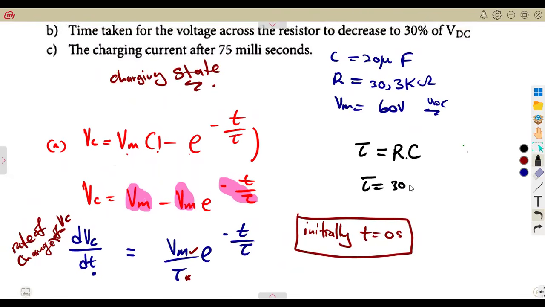Resistance, 30 times 10 to the exponent of 3, times the capacitance value, which is 20 microfarad, 20 times 10 to the exponent of -6. This is going to give us the value of tau, rounded off to 3 decimal places, which is 0.606 seconds. So we have the tau, a time constant.